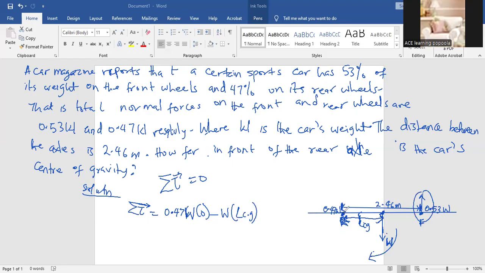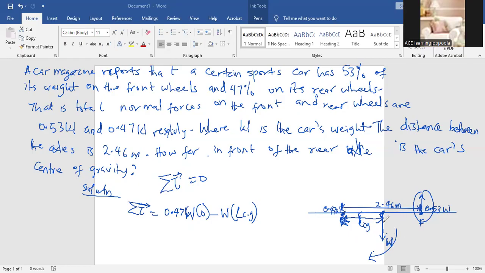If all these forces are absent, nothing will happen. But considering W, this weight is pulling it down about this point, and it will cause this car to rotate like that. It's like it's hanging here.